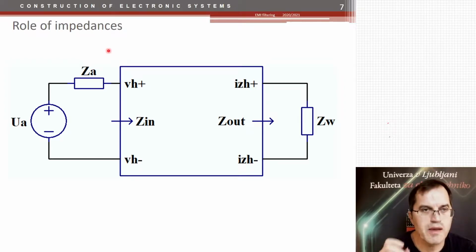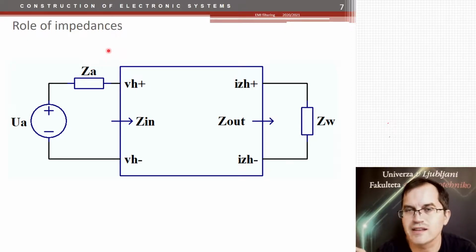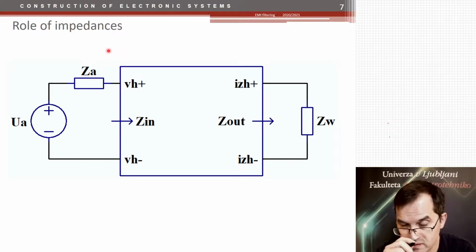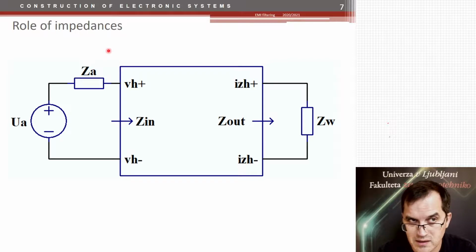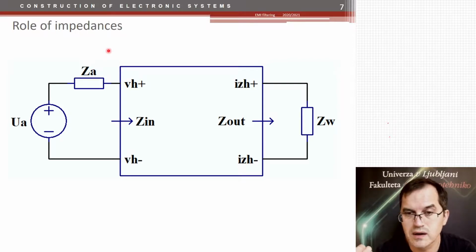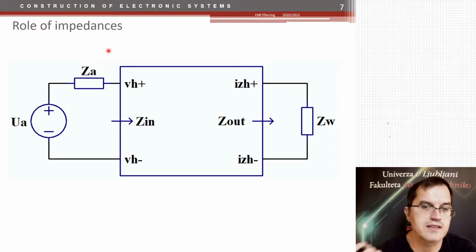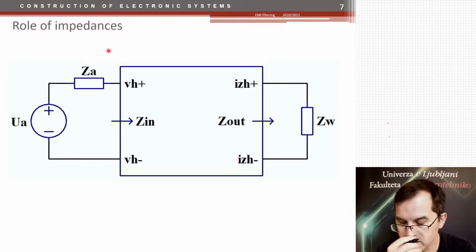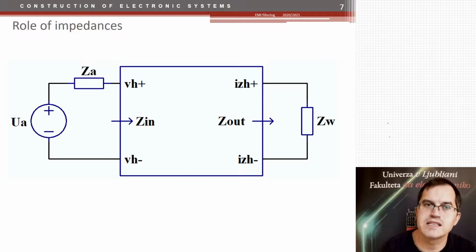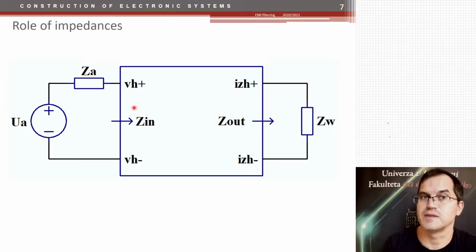The maximum energy transfer theorem would say that the impedances of the source and the load, where the highest energy transfer is, should be equal. So equal impedances mean maximal energy transfer. Actually, the impedances should be conjugated equal, if I'm totally honest.